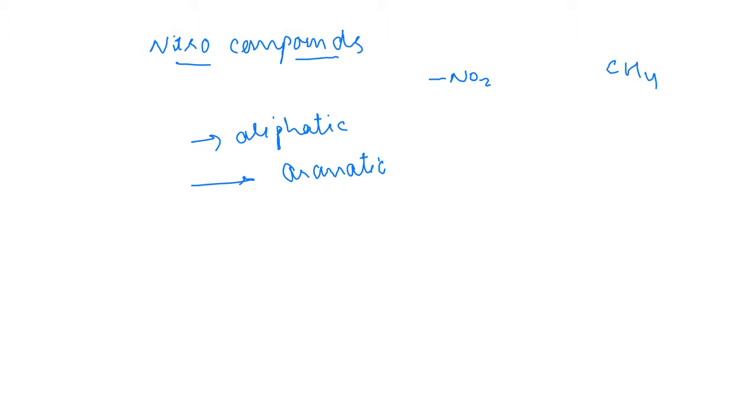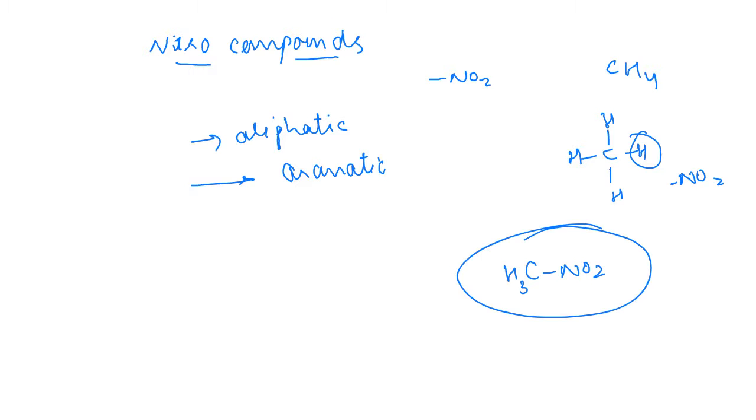And if we have simple, suppose this is our hydrocarbon. Okay, simple hydrocarbon is there. And if we replace one hydrogen from it with nitro group, CH3NO2, okay, one hydrogen with nitro group, then we get the nitro compound.